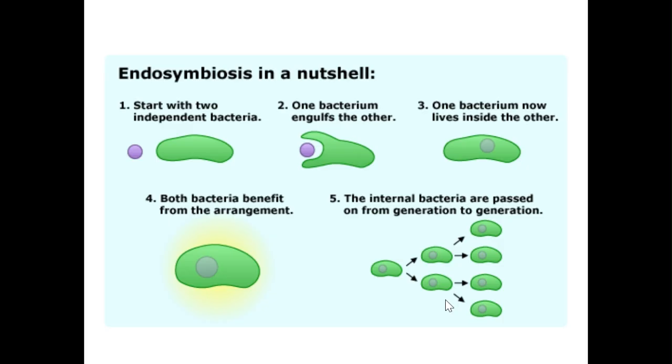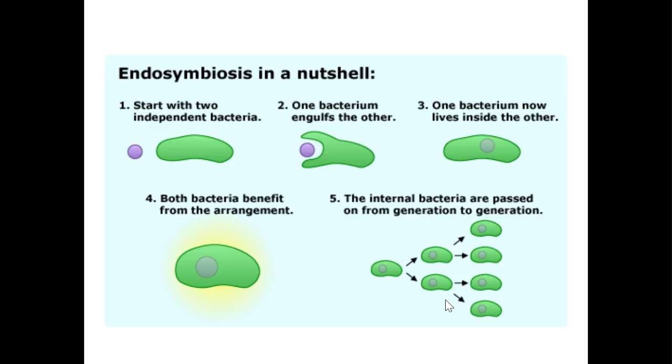So here's one idea for how maybe a chloroplast or a mitochondria could have come into eukaryotic world. So 2 independent bacteria or prokaryotes are living. One bacteria engulfs, or starts the eating process of, the other. Now, when bacteria engulf the other, what ends up happening is the purple bacteria there, the smaller one, is brought in, and that green one sort of takes its membrane and puts it all the way around the purple one.